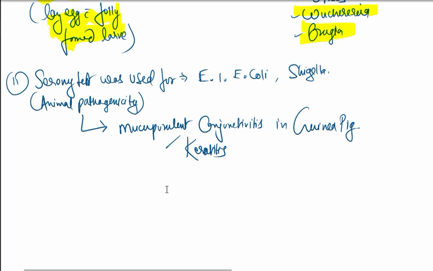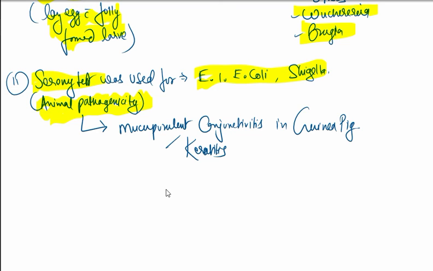Next and the last topic for today's small session is the Sereny test. This was used for detection of enteroinvasive E. coli and Shigella, and is now obsolete. This test is actually animal pathogenicity, to produce disease in animals.